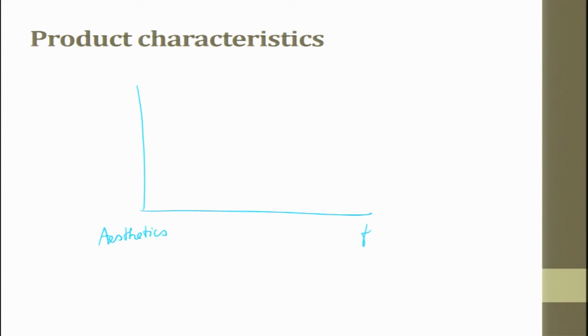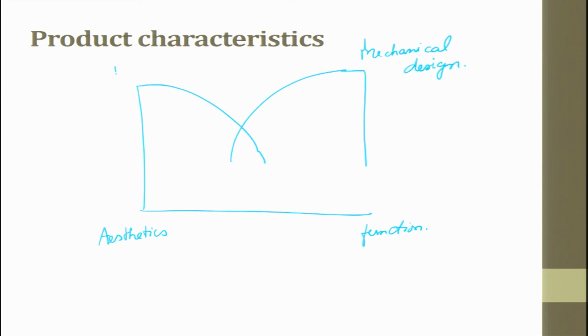So, when you look at a profile wherein I put aesthetics, and then I write function here. Here is mechanical design, here is industrial design, or designer, mechanical designer, and here are, I would say, consumer products.